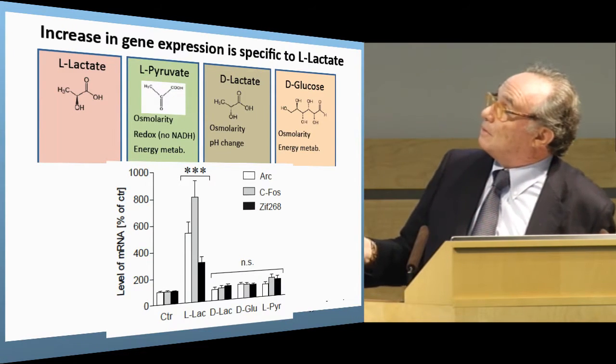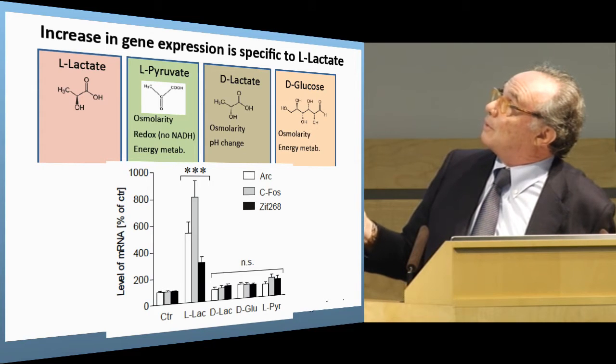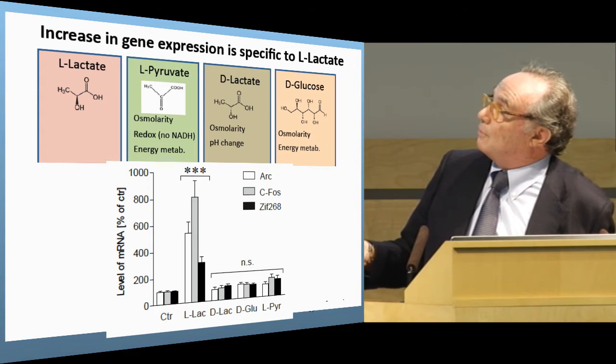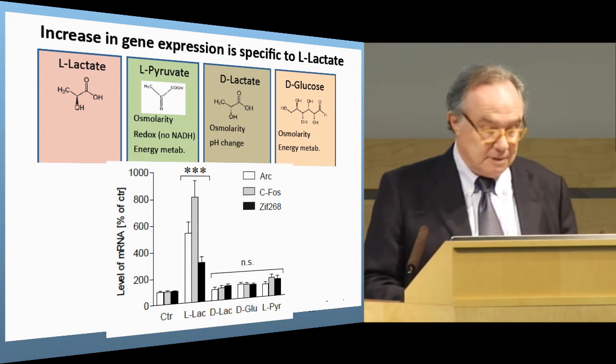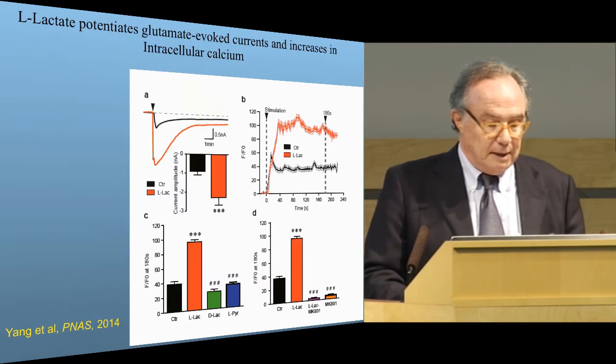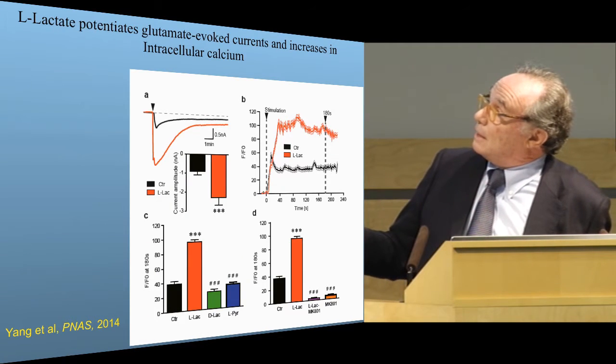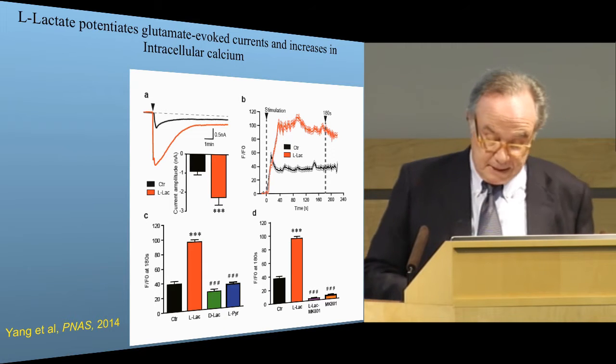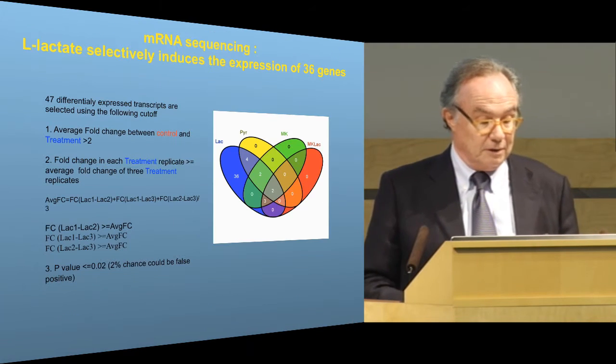And as you can see, this is specific for lactate. None of the other energy substrates do this. For example, lactate in neurons induces ARC, CFOS, ZIF268, and BDNF. And you can see here that it amplifies the NMDA current. It's just a quick example.